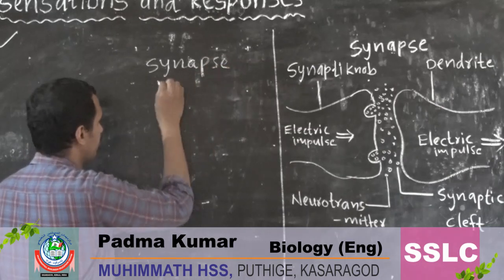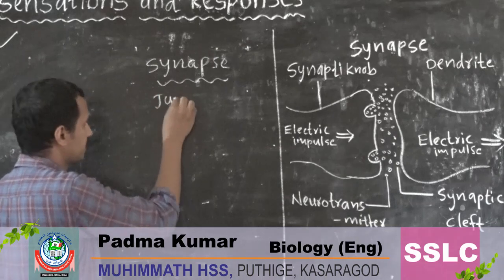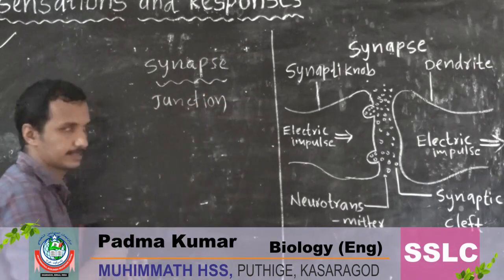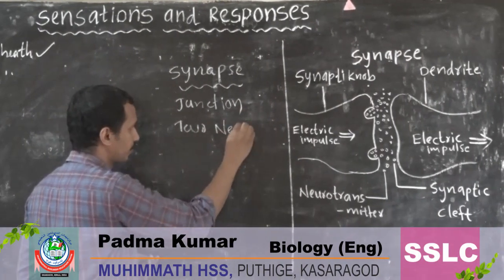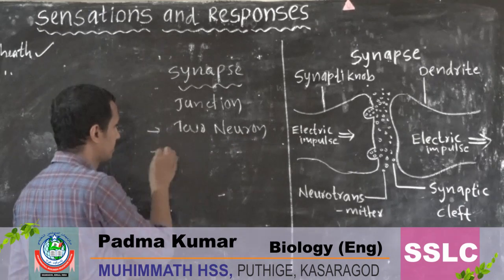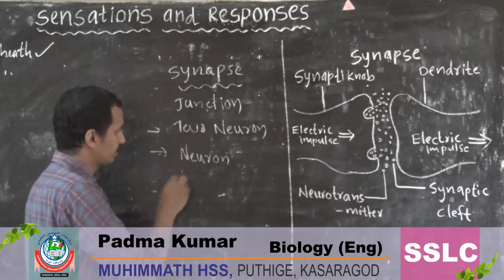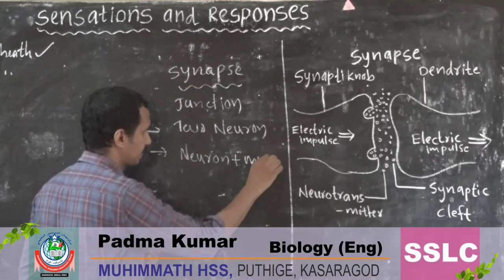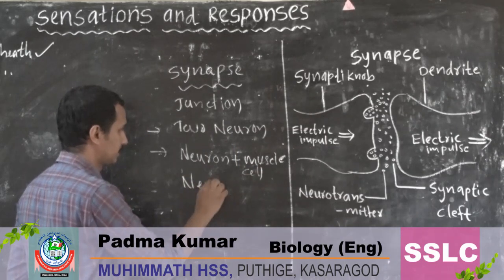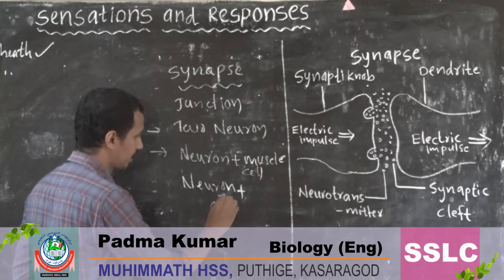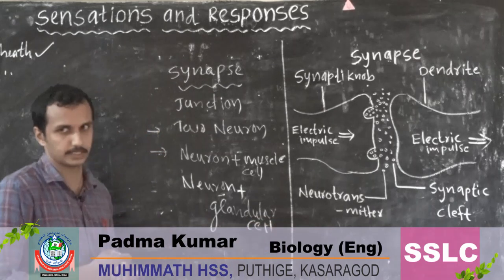So what is a synapse? A synapse is a junction between two neurons. It is a junction between a neuron and a nerve cell, that is, two neurons; neuron plus muscle cell; or neuron plus glandular cell.